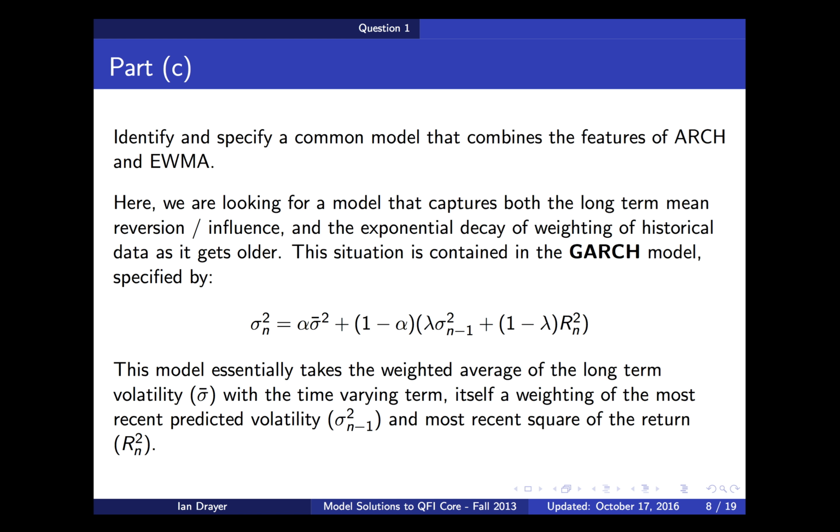We are able to specify this model as the current predicted volatility is the weighting of some long-term volatility with the most recent data. And that most recent data is a weighted average between the most recent volatility and the most recent return, or most recent square of the return.